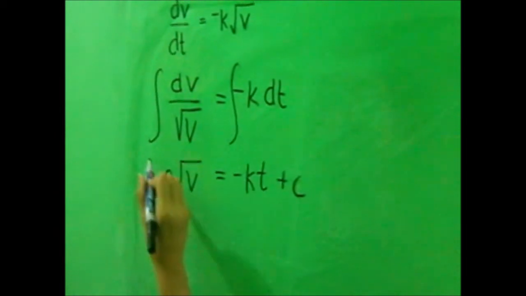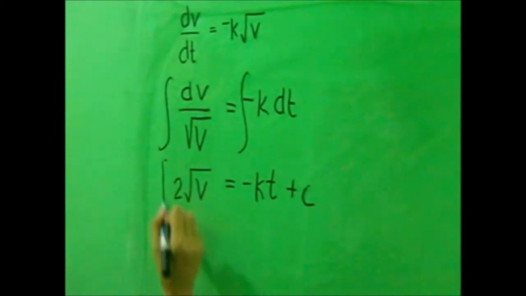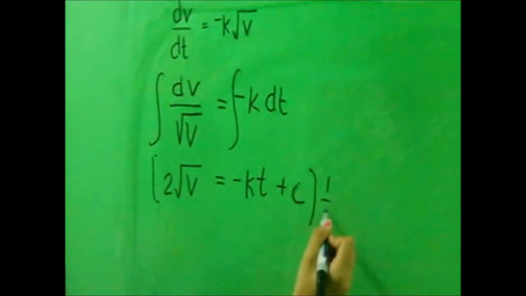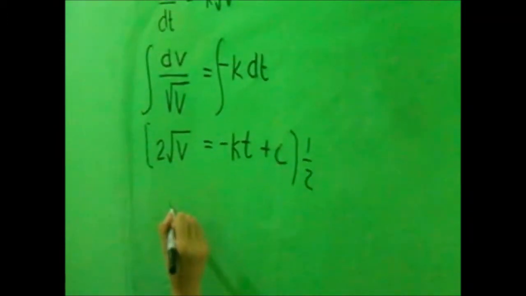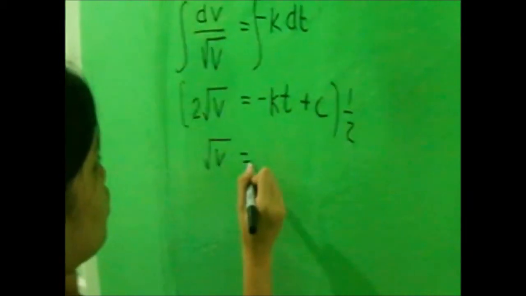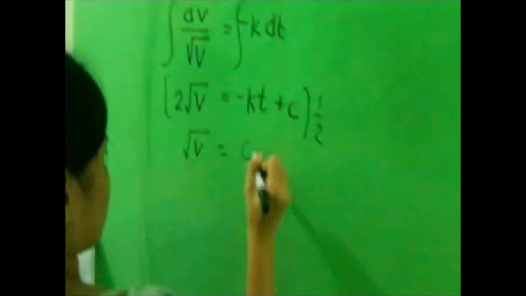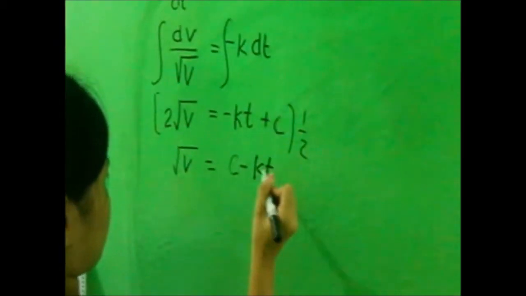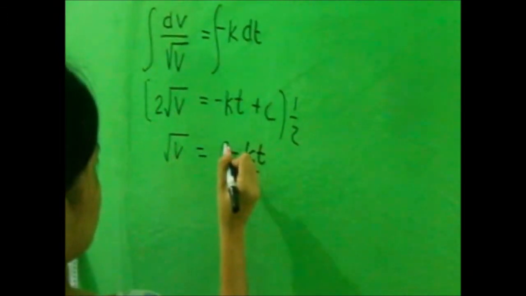So we divide both sides by 2. That is, square root of v is equal to c minus kt all over 2.